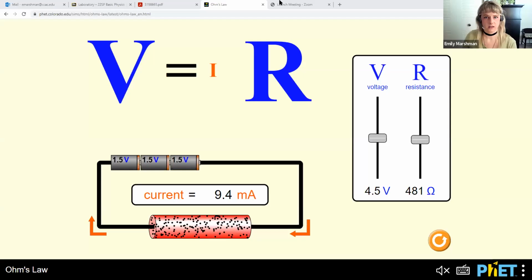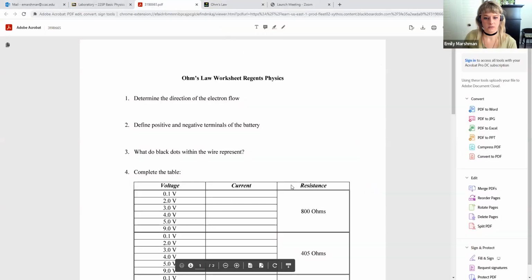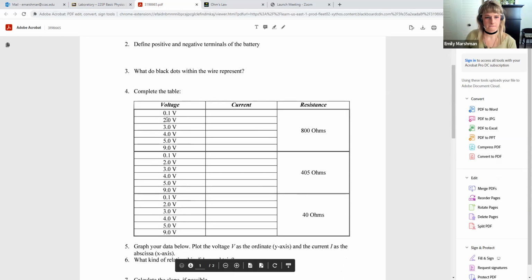Now in the lab, you're going to plot various different voltages and resistances. So you're going to complete the table. You're going to set the resistance to be 800 ohms, and you're going to set the voltage at 0.1 volts, and then you're going to record the current that flows there, right?